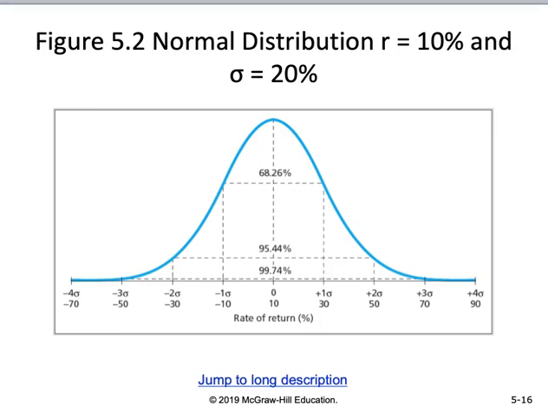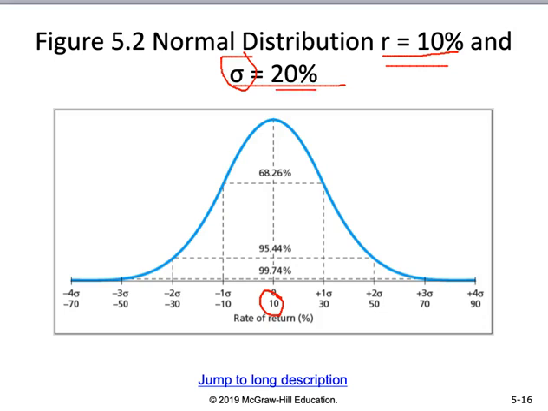This is an investment or portfolio that has a return of 10% and a standard deviation of 20%. You should know that nomenclature. So we know the mean is 10%, and we can plot that right here on this normal distribution. And then we know that one standard deviation equals 20%.